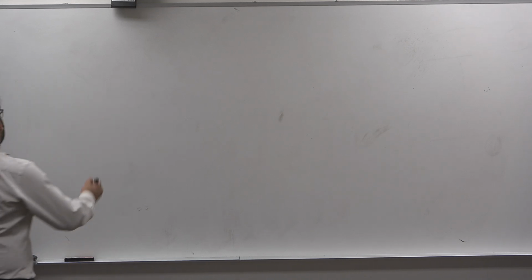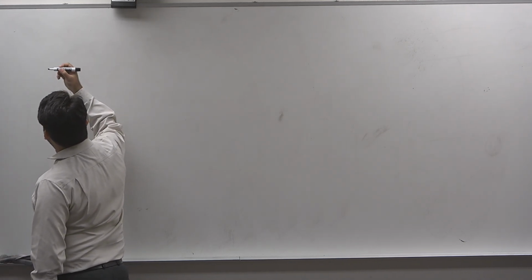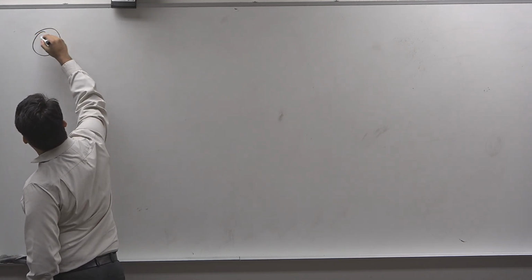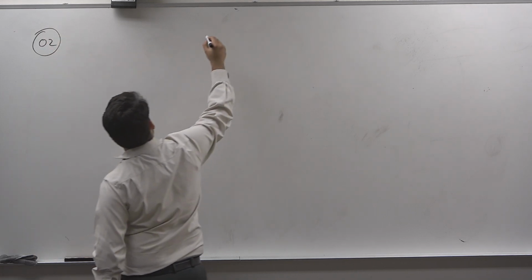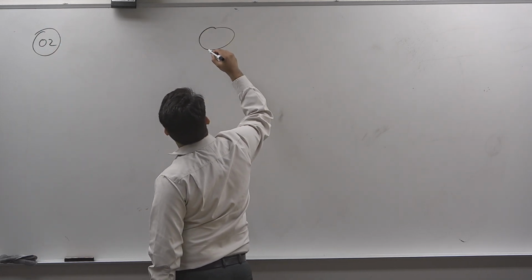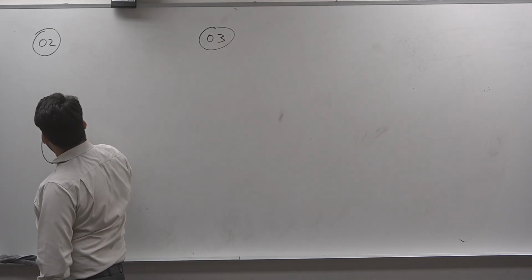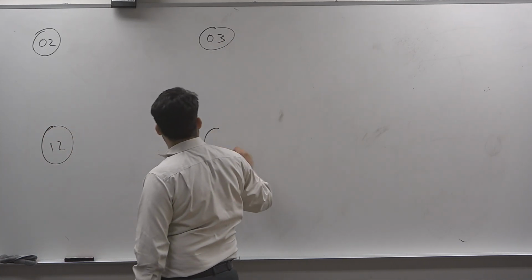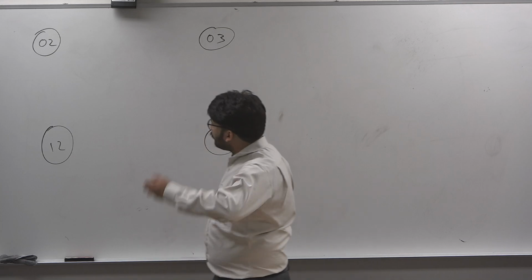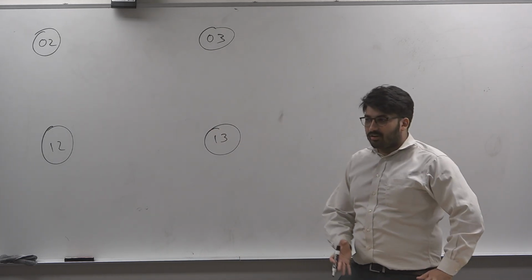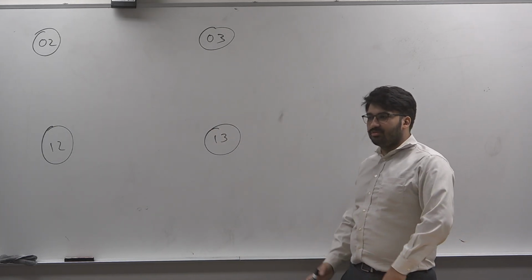So according to the construction, what we're going to first do is make a state for every possible pair of states. So we'll make a state here and call it 0, 2. We'll make a state here and call it 0, 3. We'll put a state here, call it 1, 2, and we'll put a state here, call it 1, 3. This corresponds to the Cartesian product of Q0 and Q2 and so on.